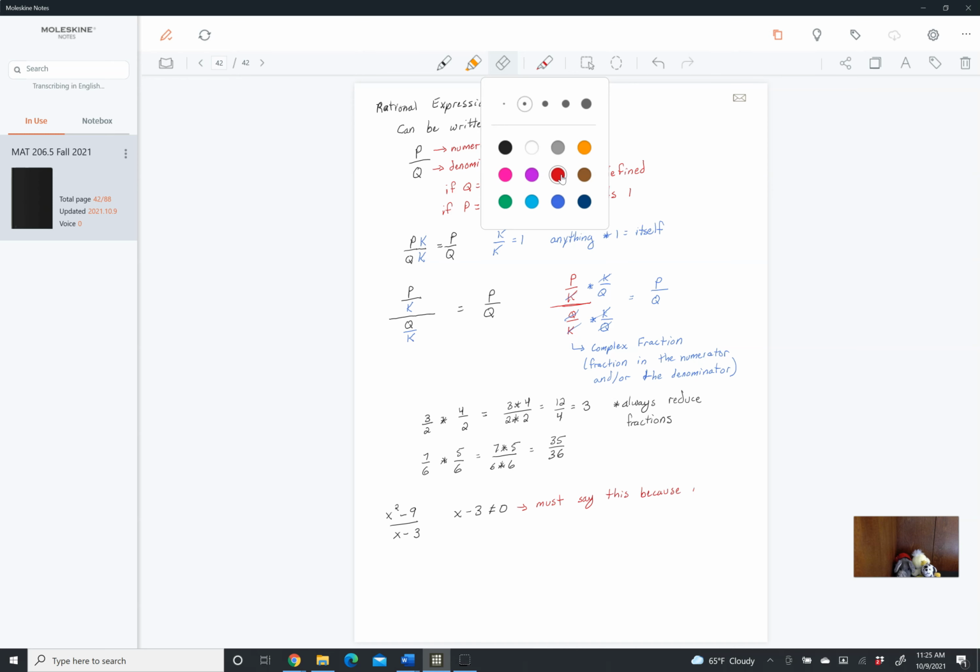And why? Because if x minus 3 equals 0, the expression is undefined.